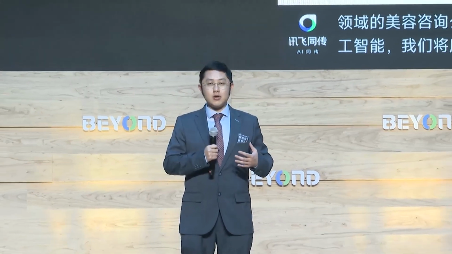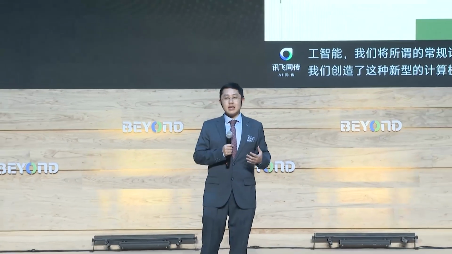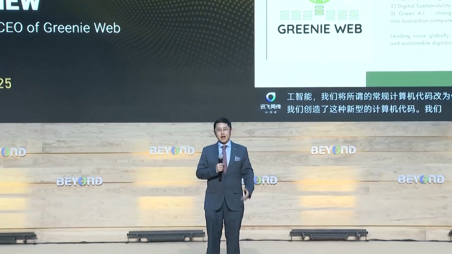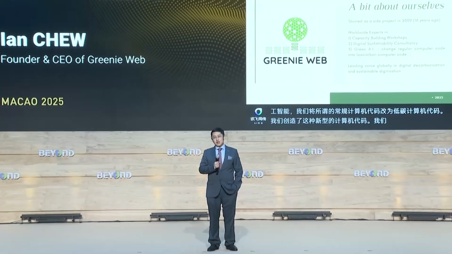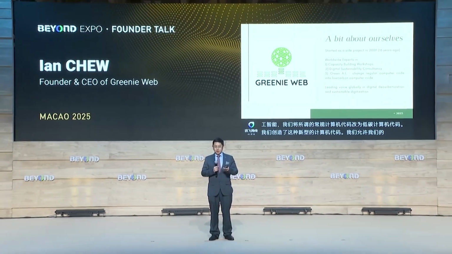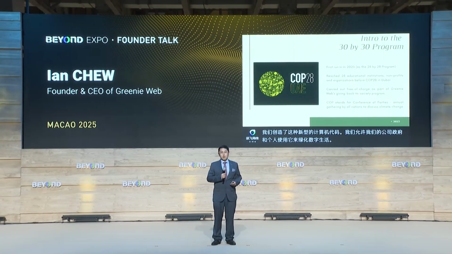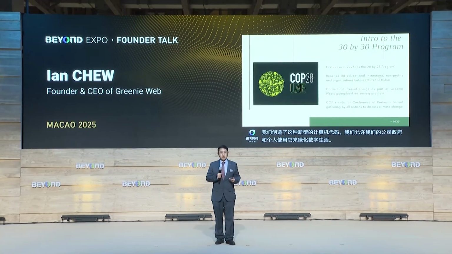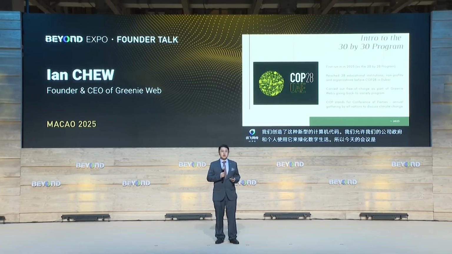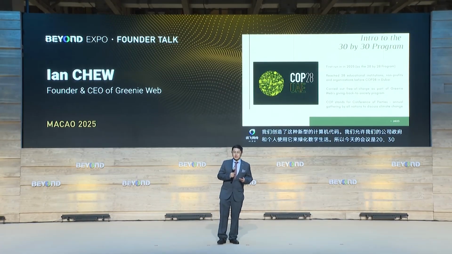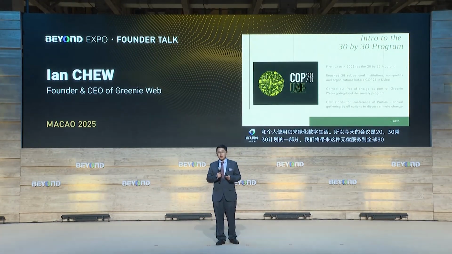So we create this new type of computer code and we allow corporates, governments, and individuals to use that to greenify their digital lives. Today's session is part of the 30 by 30 program, whereby we're bringing this pro bono into 30 institutions worldwide, as part of our own corporate social responsibility.